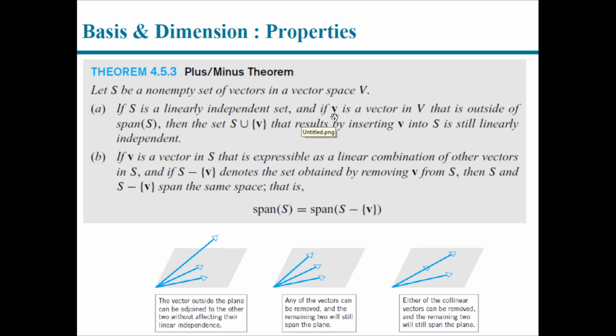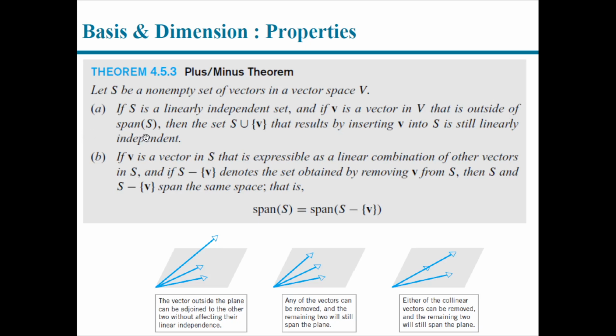And then I have a vector V that is also from the linear space, but that vector is outside of the span S. What that means is that V is not in the span S. So V is not a linear combination of vectors in S. Already vectors in S are linearly independent among themselves, but now I take a vector V that is not inside that linear space span S. So V is not a linear combination of vectors in S. Okay, fine. That's what it means.